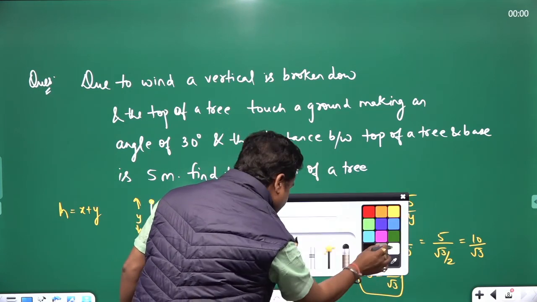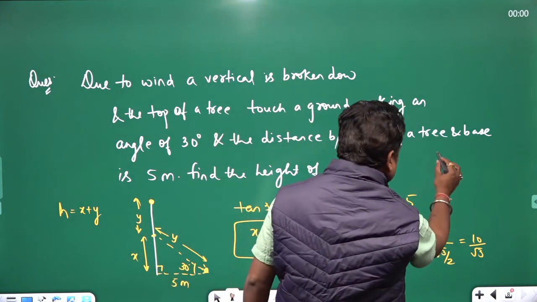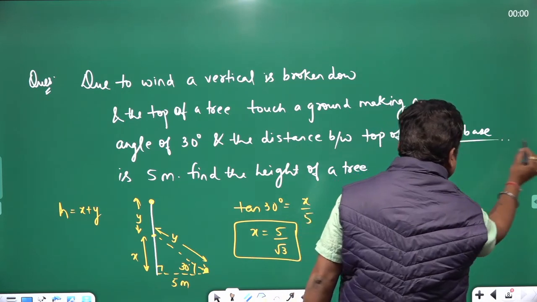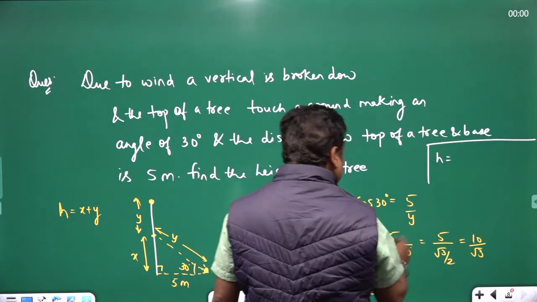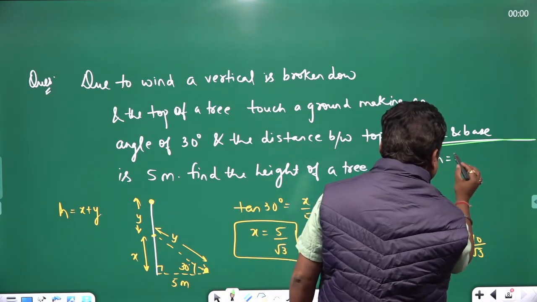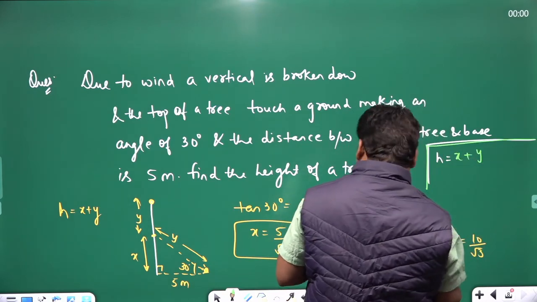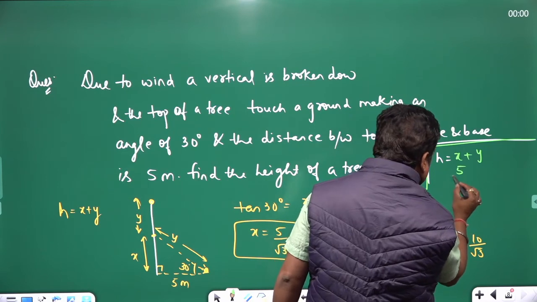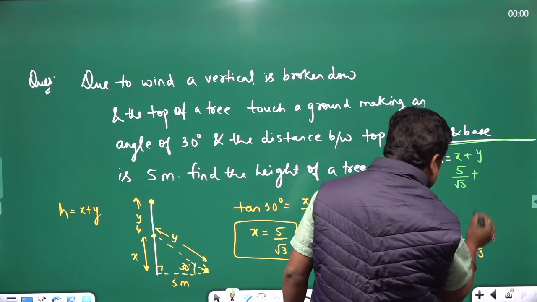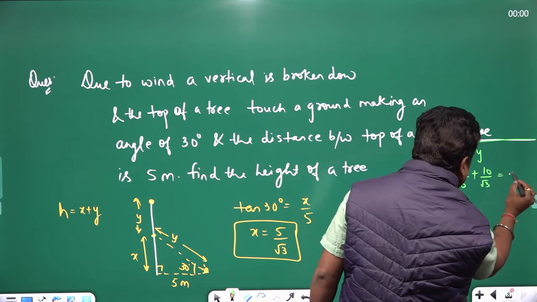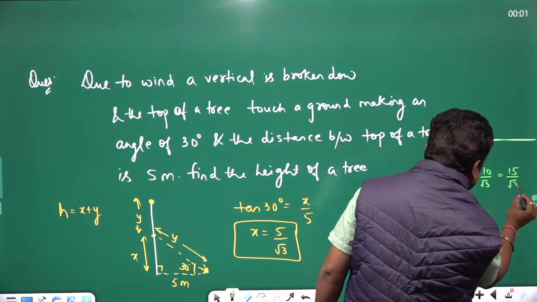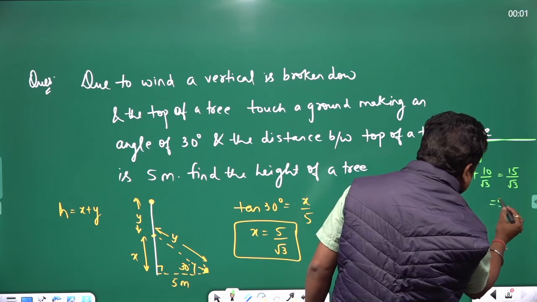The total height h is equal to x plus y, which is 5 over root 3 plus 10 over root 3. If you take the LCM, it becomes 15 over root 3, which is equal to 5 root 3.